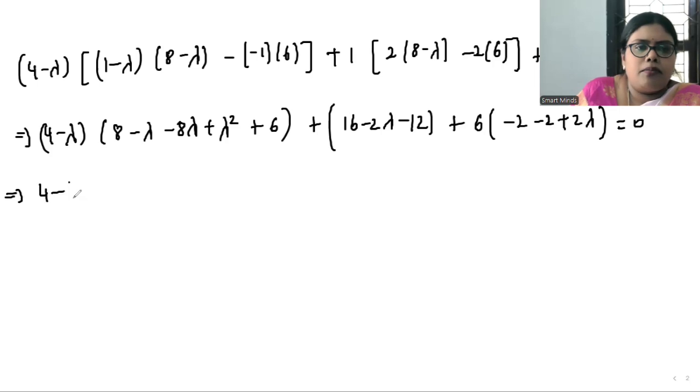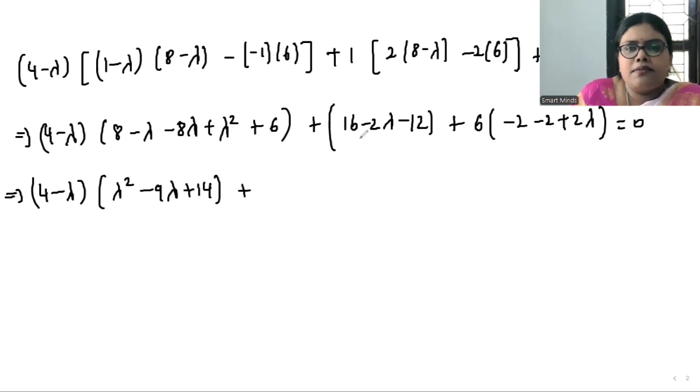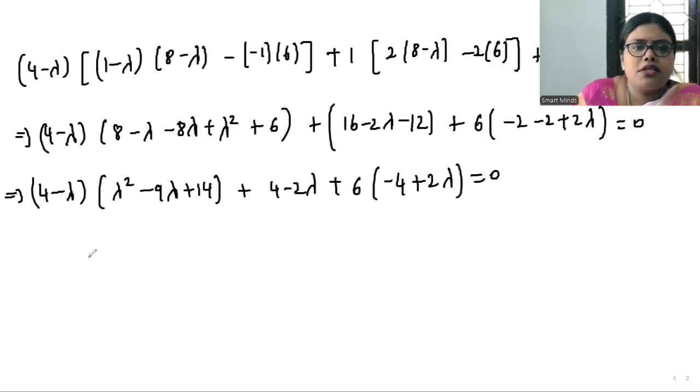So that is (4 minus lambda) into (lambda square minus 9 lambda plus 14) plus 16 minus 12 is 4, minus 2 lambda, plus 6 into (minus 4 plus 2 lambda) is equal to 0.